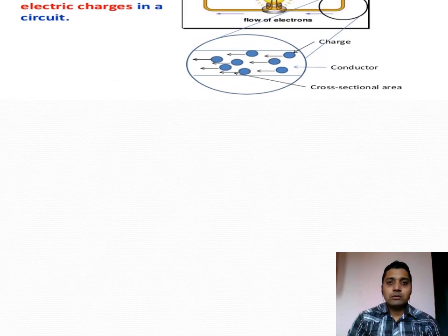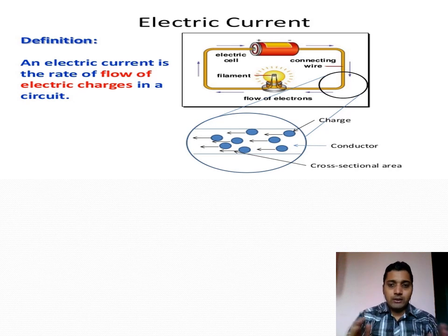First thing to know, what is current? Electric current is the rate of flow of charge in a circuit. Charge is of two types: one is positive charge, one is negative charge. When we take two electrodes, a positive electrode and a negative electrode, from the positive side the positive charge will move towards the negative, and from the negative side the negative charge will move towards the positive.